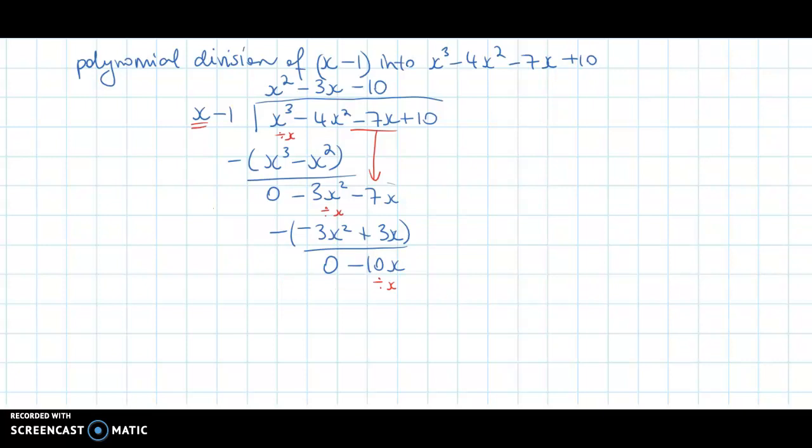Cycling back now, negative 10 times x gives me negative 10x. Negative 10 times negative 1 gives me positive 10. Bring this guy down for the last part of the question. Do my subtraction step. Negative 10x minus negative 10x gives me 0. 10 minus 10 also gives me 0, and I've finished my division part.